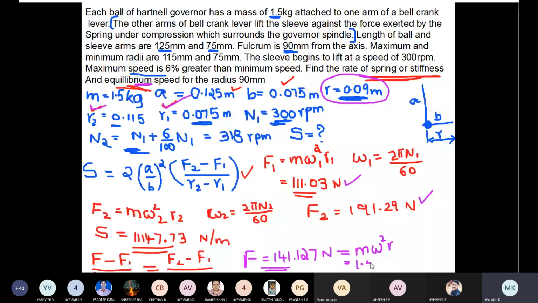You need not convert into Newton, keep it in kg only, into omega, which is 2 pi n divided by 60, whole square, into the value of r, which is 0.09. So simplify this one and you will get the final answer.